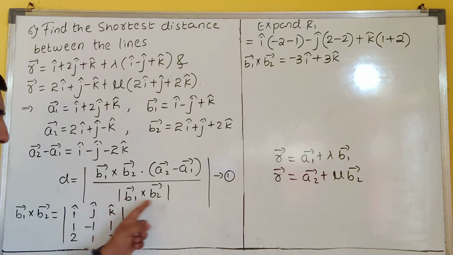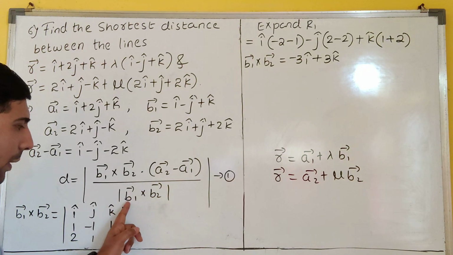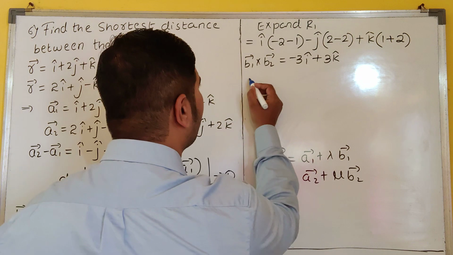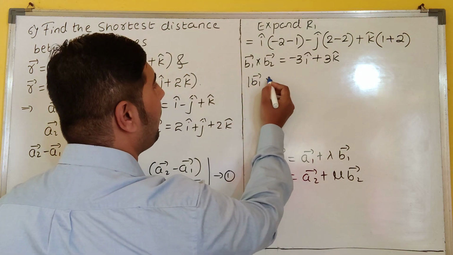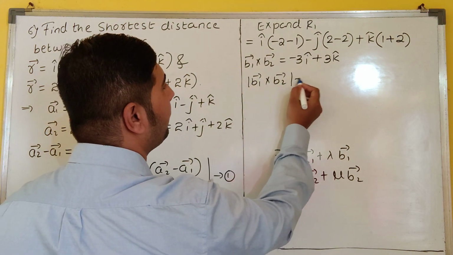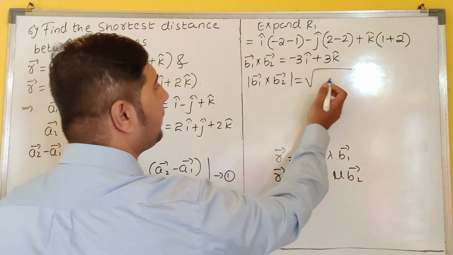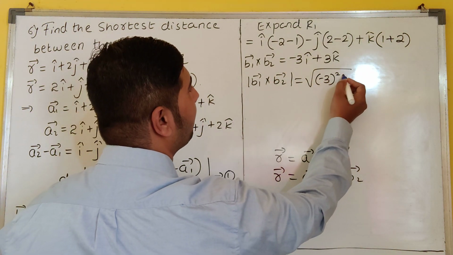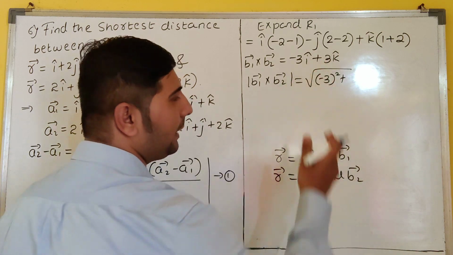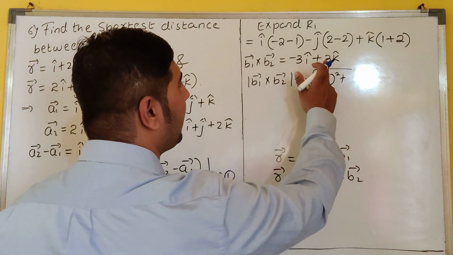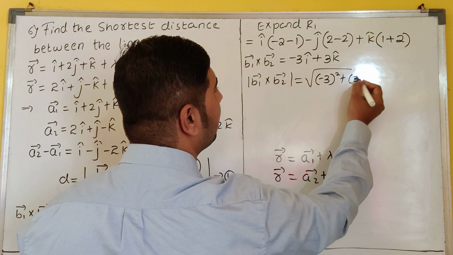Then I want to see equation 1. I want the magnitude of b1 cross b2. So you can find the magnitude of b1 cross b2. How will we find it, you know? Square root of x square. x square means minus 3 square. y square, y is not there. z square, z means 3, 3 square.